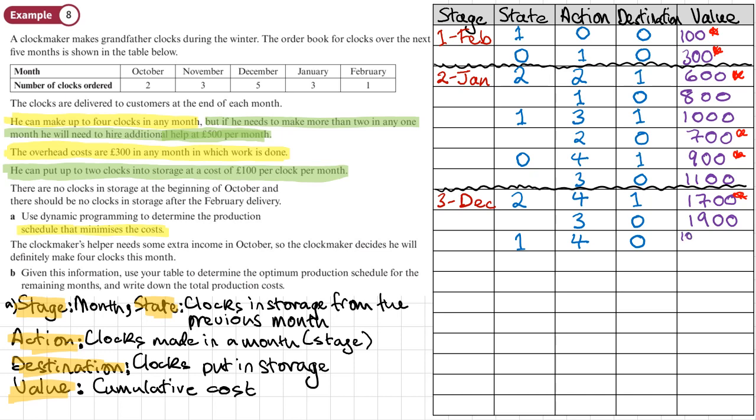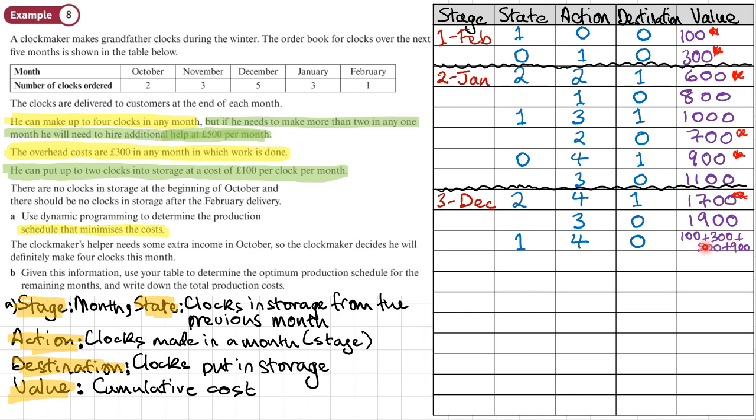That's my overheads, plus the additional help that I need. Then if none are carried forward to the next stage, I look at my previous cost, and that's going to be plus another 900. So that's going to come up to 1,800.